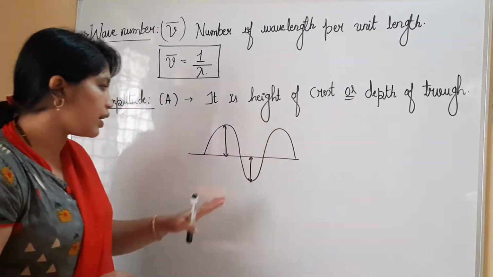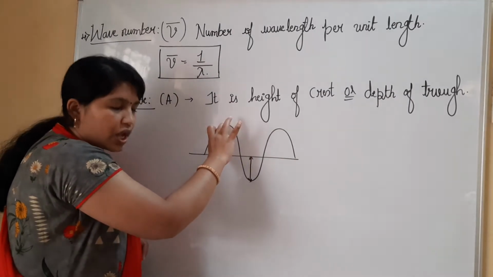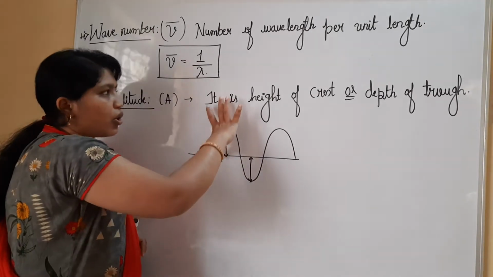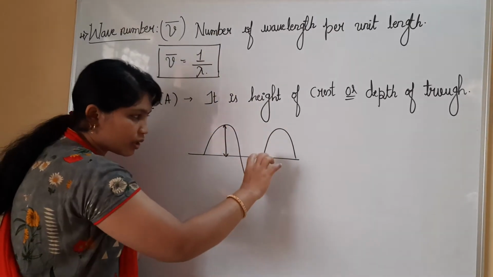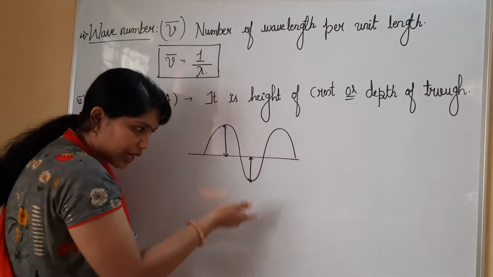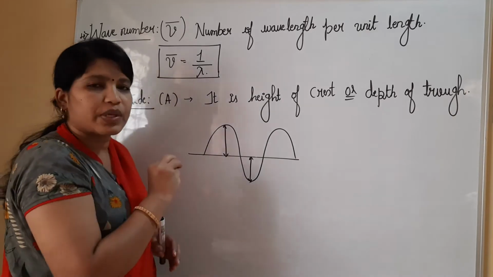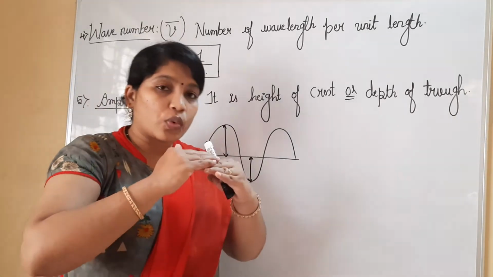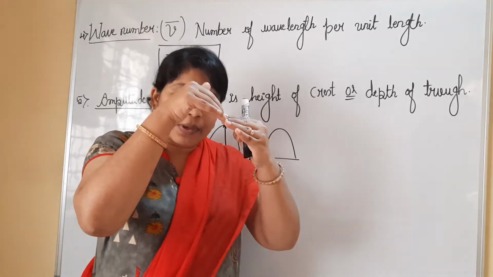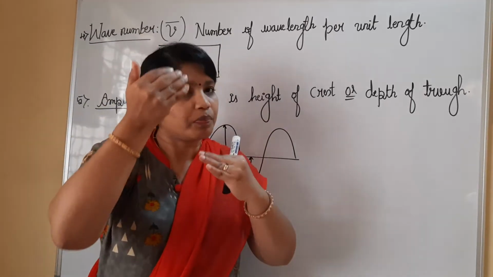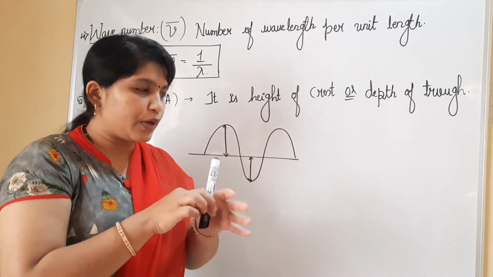I have mentioned a diagram here. A wave may show such amplitude, or it may show higher, or even higher than that. Similarly, it will show this much depth, or depth to a larger extent, and so on. Amplitude here is considered as the depth of the trough, or the crest if you consider the height of the wave.